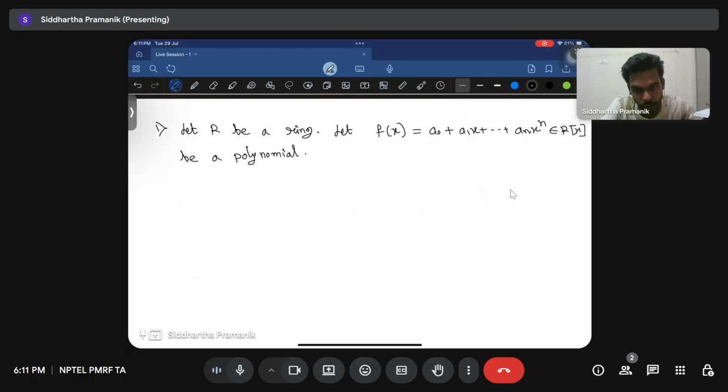So the first part says when this element in this polynomial ring will be an invertible element.